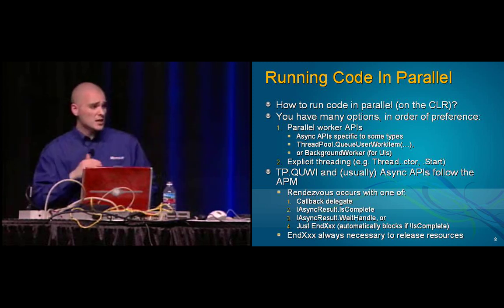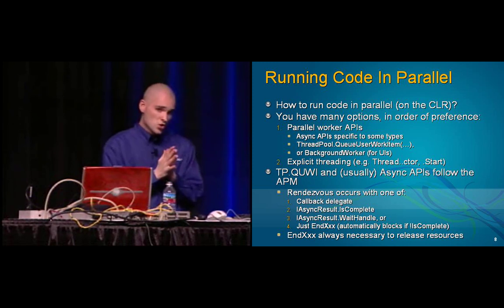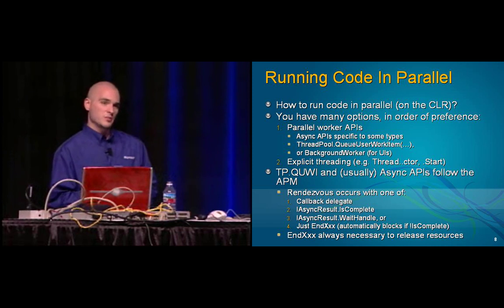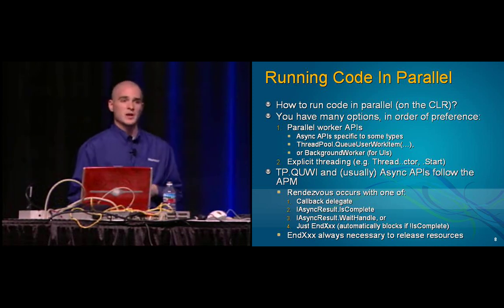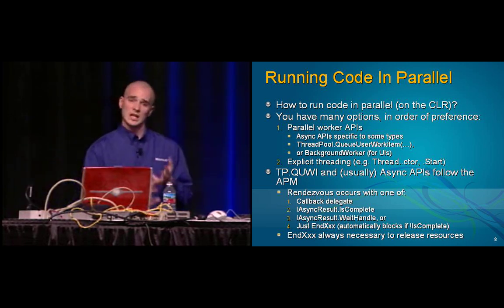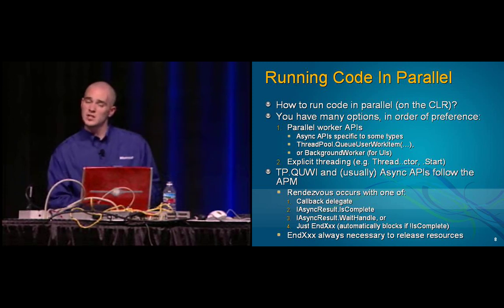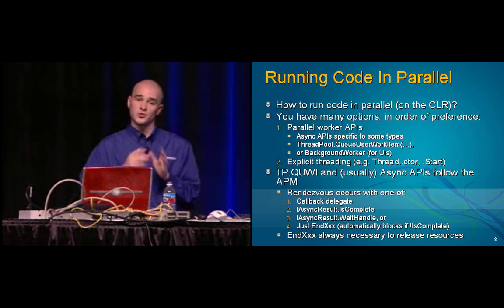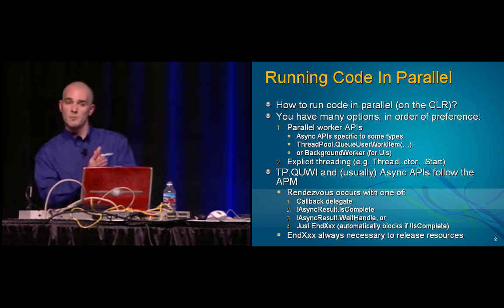There are also some best practices you can follow when running code in parallel. It may be daunting to look at the choice of parallel APIs you can use, but it's pretty simple to make your choice. The first thing is you need to determine whether you're doing explicit threading or whether you have a lightweight asynchronous task. Explicit threading is usually used when you're doing something really sophisticated where you're managing your own pool of threads.